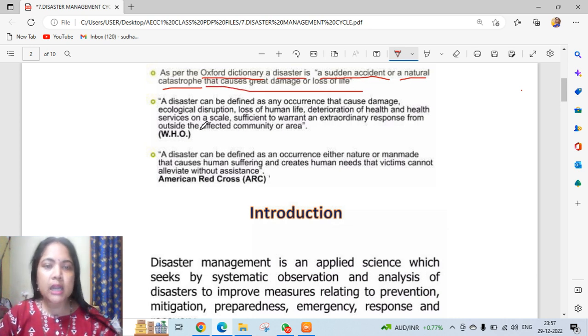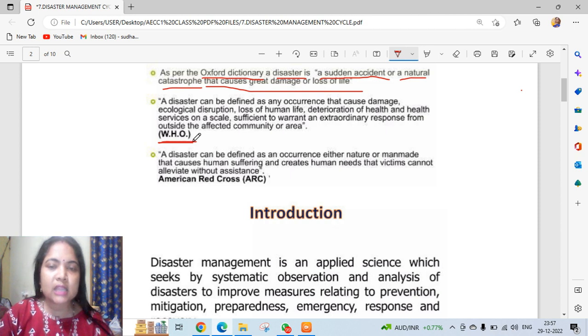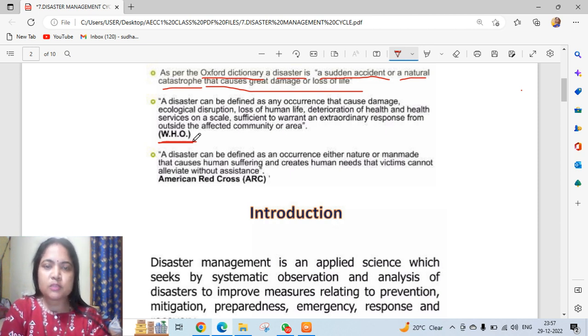Okay, and you are also acquainted with one organization, that is WHO. WHO means World Health Organization, which frequently came in the news during the COVID pandemic situation, isn't it?